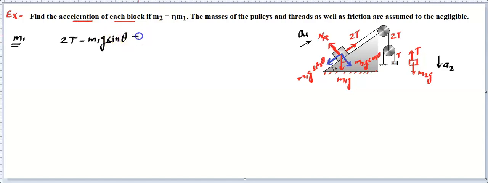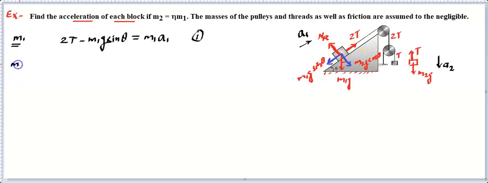And this must be equal to mass, which is m1, into acceleration, which is a1. So that's the Newton equation for block 1. We can also write another equation in this perpendicular direction, and this will say NR is equal to m1g cos theta, but if it is needed you can write it. So here the components we made along the inclined plane and perpendicular to this.